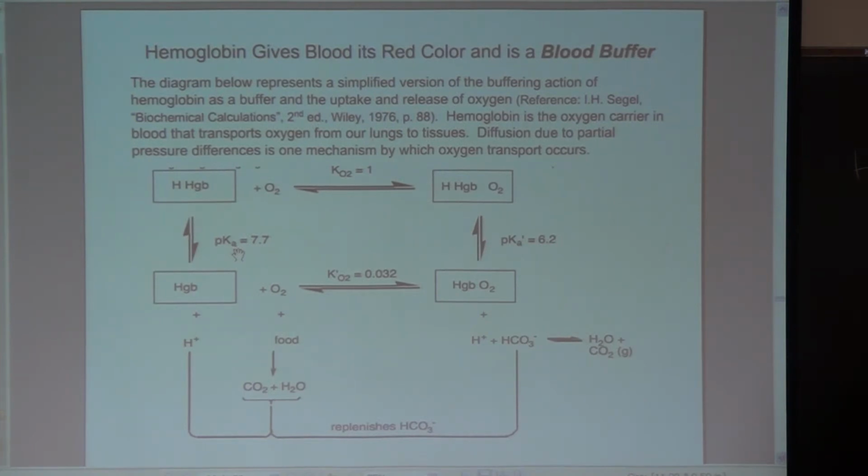So at pH 7.4, first in our lungs, we should see the deoxygenated form of hemoglobin. Okay, so it's either going to be the HHGB or the HGB form. At pH 7.4, are we going to have more of the acid form or more of the basic form?